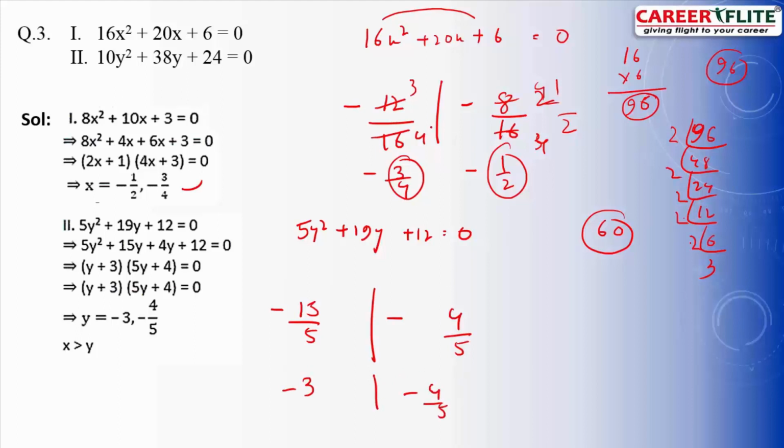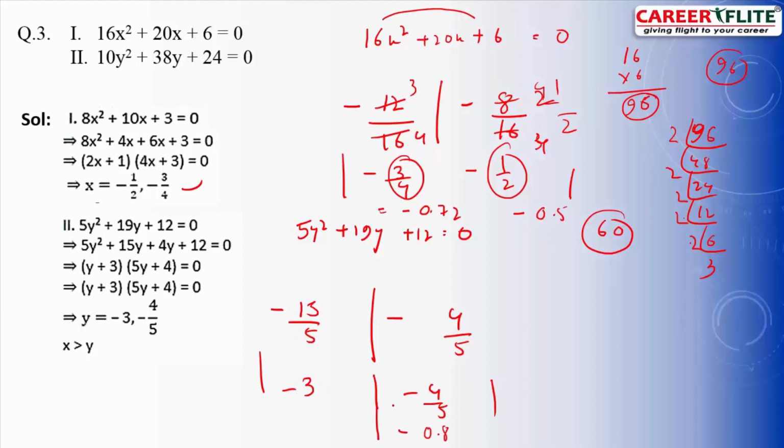Now compare each value of x with each value of y. So if you compare each value of x, this one will be minus 0.75 and this one will be minus 0.5. Convert it, it is not a big deal. This is minus 3 and this is minus 0.8.